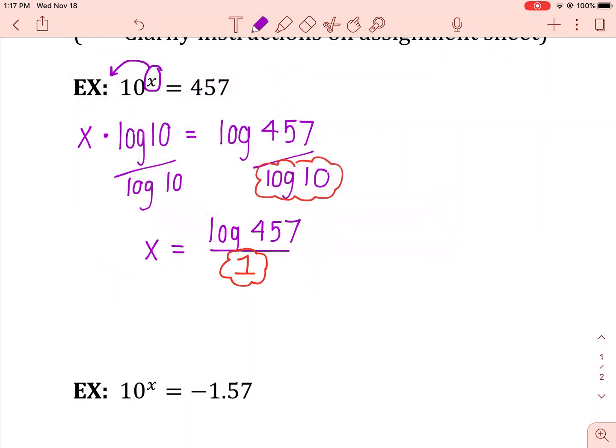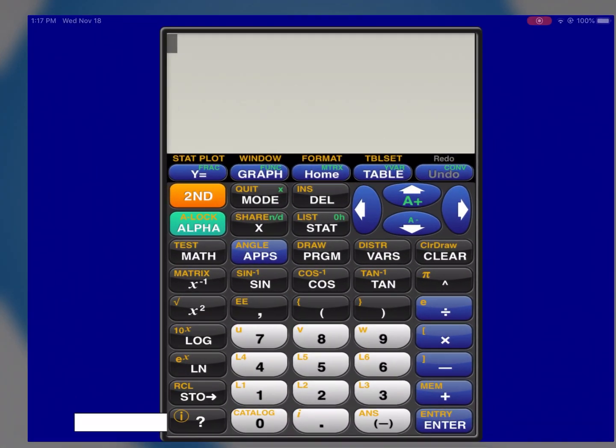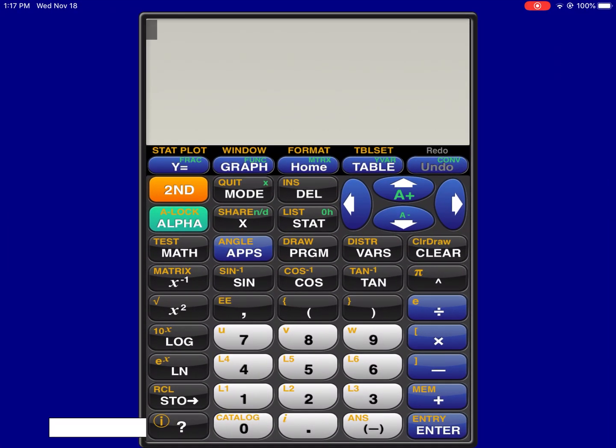Okay, so let's do it now in the calculator. Your log is on the far left side. Log, we're going to do 457, close the parenthesis. It's very important that you close the parentheses so that your log is of just the argument 457.